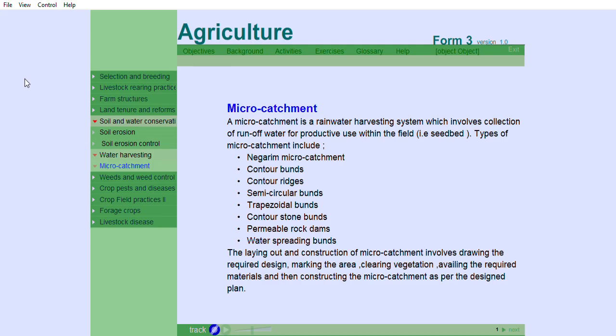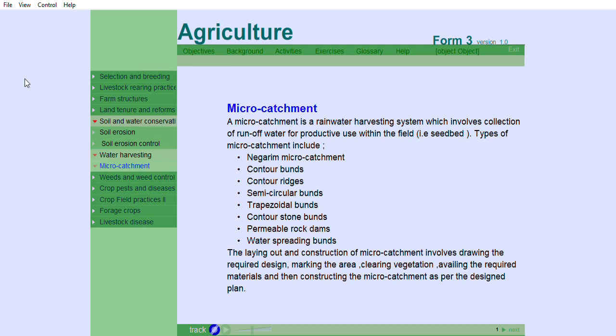Microcatchment. A microcatchment is a rainwater harvesting system which involves collecting runoff water for productive use within the field, that is, the seedbed. Types of microcatchment include negarim microcatchment, contour bands, contour ridges, semicircular bands, trapezoidal bands, contour stone bands, permeable rock dams, and water spreading bands.